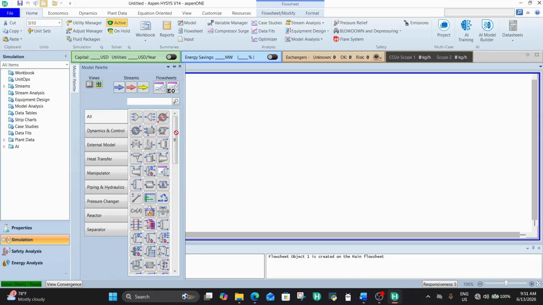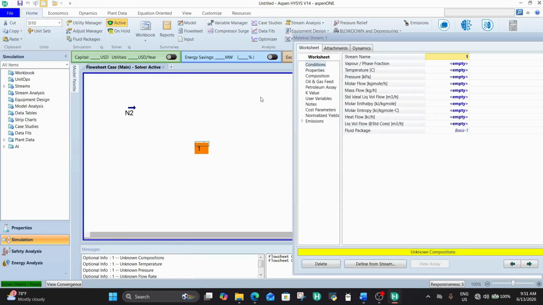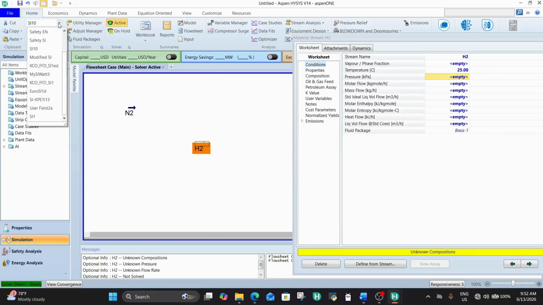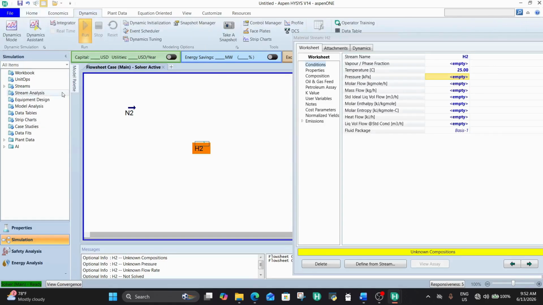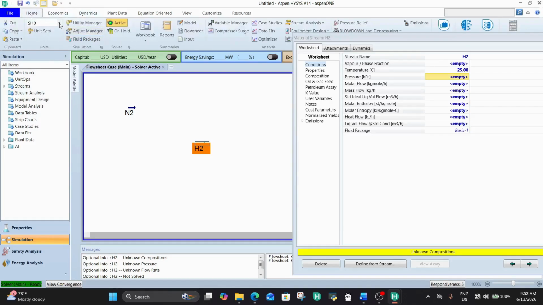Right, our second stream, which is our hydrogen gas stream, a temperature of 25 Celsius. Do take note, my pressure is reading kPa instead of bar, so I need to correct that. Not that there's anything wrong with using kPa. I'm just more conversant with some particular units, and bar is one of them.